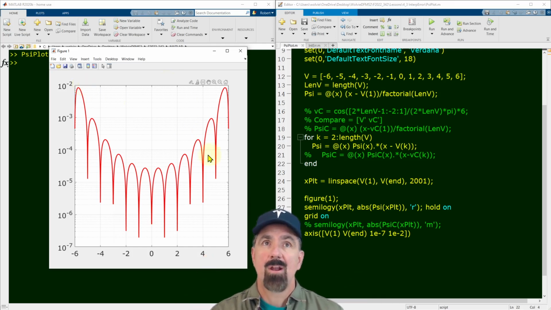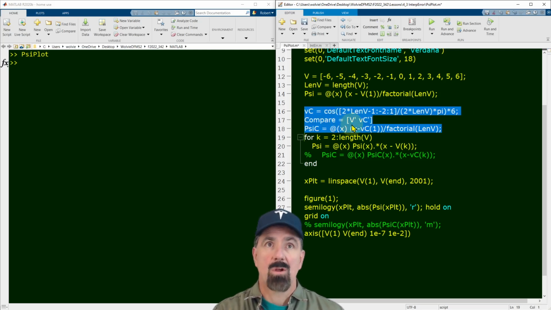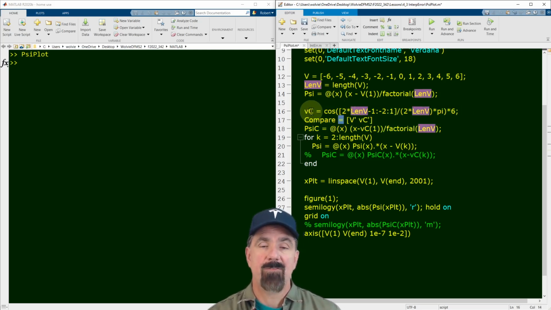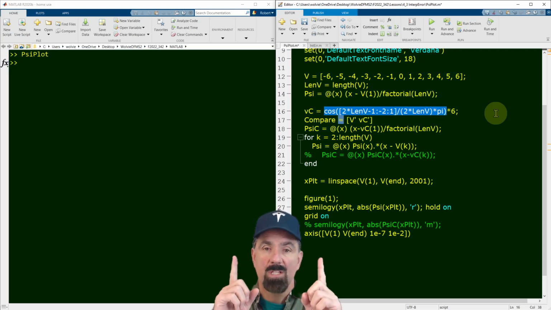All right, so let me compare and contrast this with Chebyshev nodes. So here I have some code, which I'll uncomment. VC is my V vector except with Chebyshev nodes. So the Chebyshev nodes are built using this cosine. And the cosine, of course, is always going to range between -1 and 1.